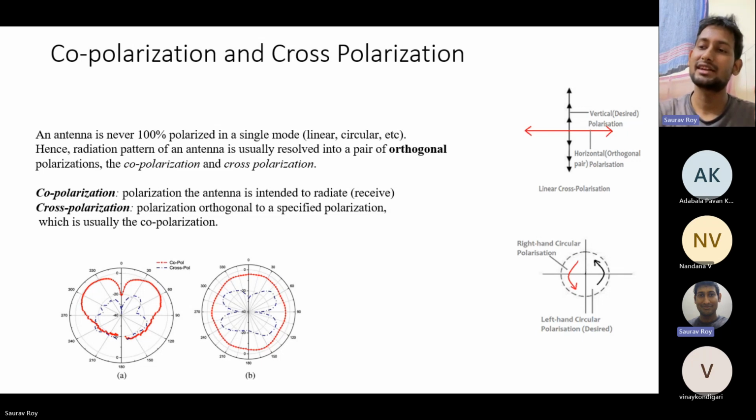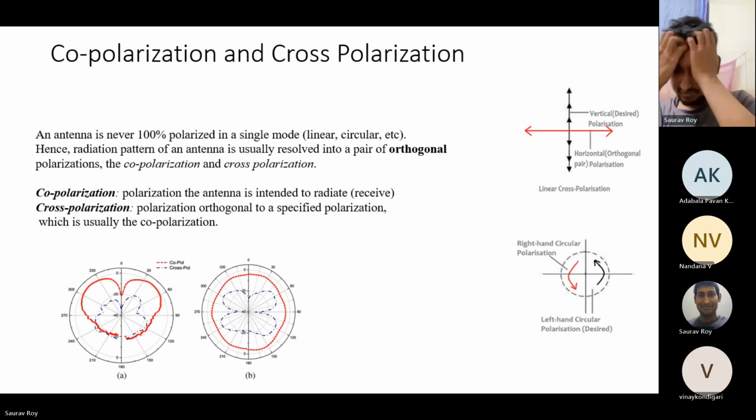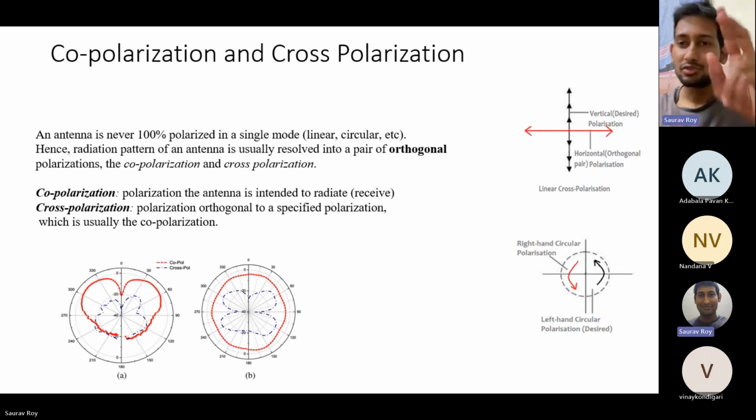Because your test antenna is in the H plane while your reference antenna is always in the E plane, that is why it is called E co and E cross. Is this clear? Yes, sir. Okay.